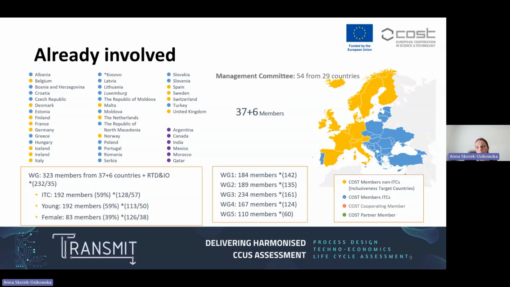These are those called inclusiveness target countries. So, let's say, a bit less developed compared to the rest, which gives more opportunities for people attending from those countries. So we are quite a broad network.